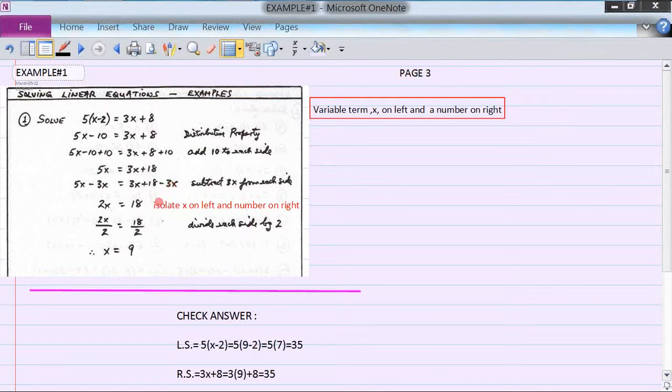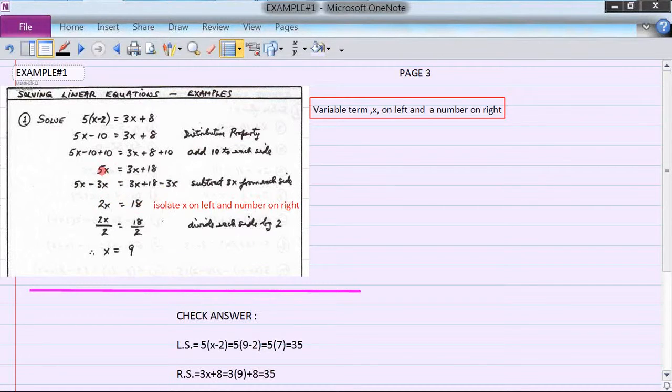I'm going to do this to the left side as well. This way, when I add 3x and minus 3x, I'm not going to have any variable term here. In other words, I'm not going to have an x term. And the 3x and the minus 3x will sum to 0, and I'll be left with 18. But now 5x minus 3x is going to give me 2x.